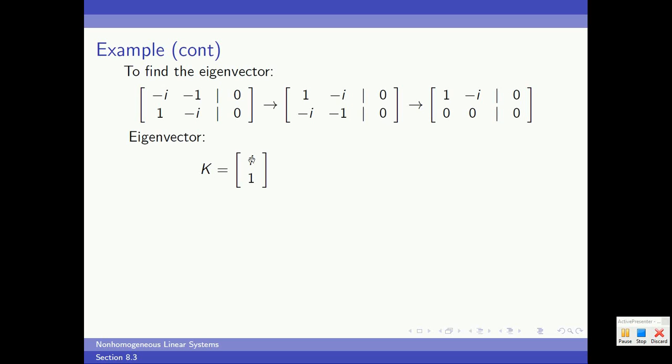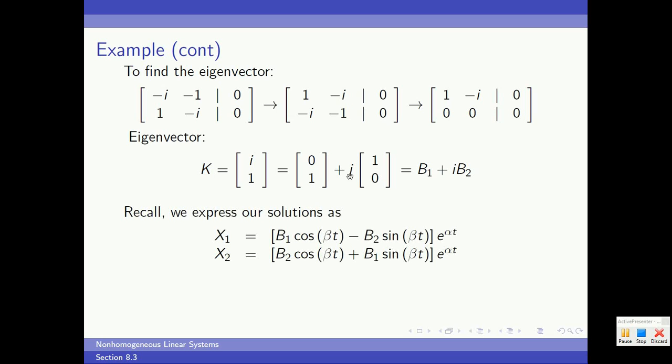So I get this eigenvector, which, remember, to do this, I need to split up into my real part and my imaginary part. Then I can say this is B1 plus iB2, so I use this B1 and B2 to find my solutions. Remember the solutions are B1 cosine beta t minus B2 sine beta t, where beta here is 1.